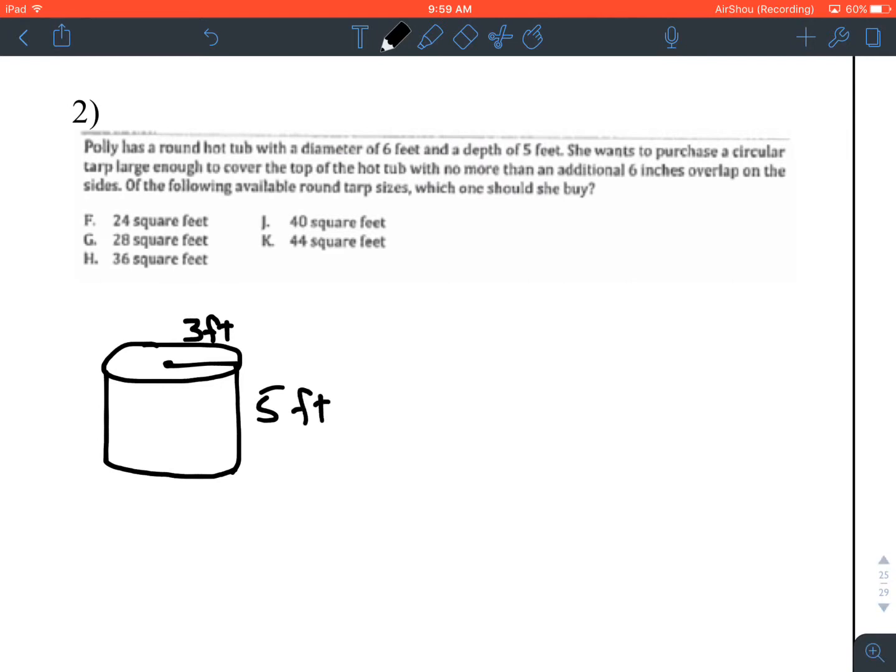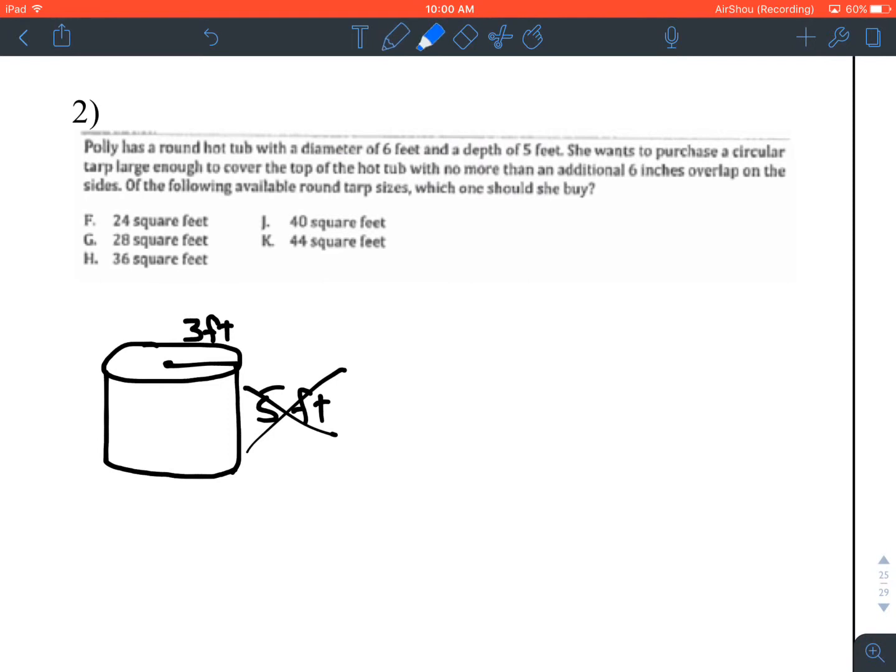She wants to purchase a circular tarp large enough to cover the top of the hot tub with no more than an additional 6 inches of overlap on the sides. Of the available round tarp sizes, which one should she buy? So it turns out this 5 foot is irrelevant.